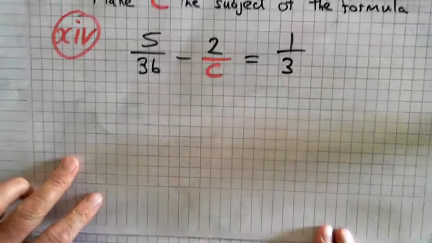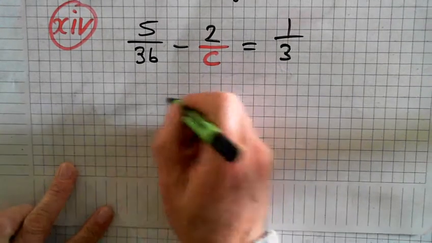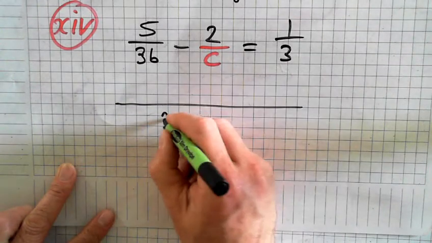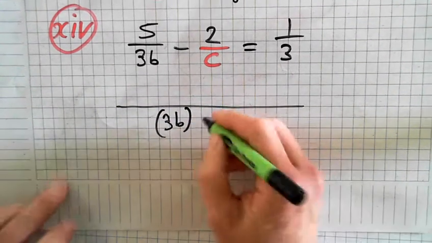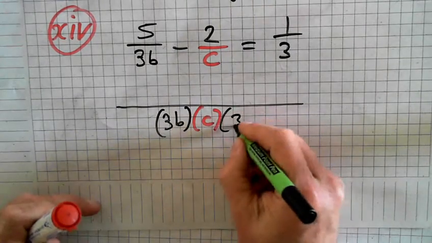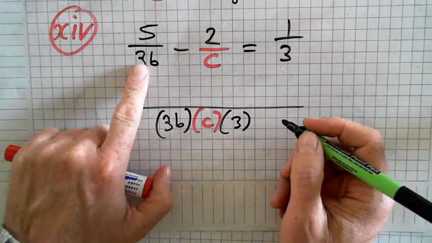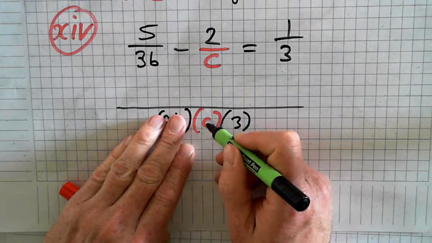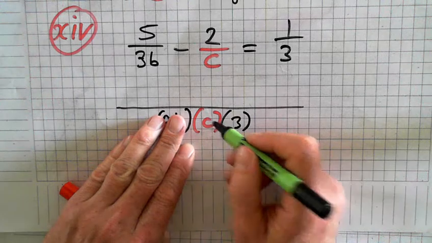Same as before, the LCM of all of these: 3b is the first one, c and 3. Right, so if we divide 3b into these, hide the 3b, what's left? 3c. 3 times c is 3c.